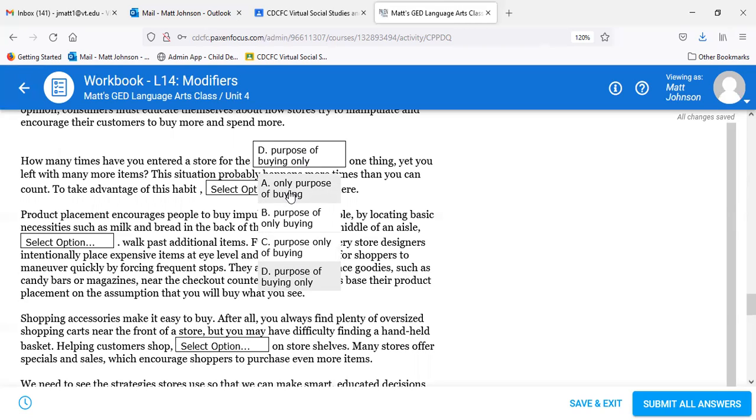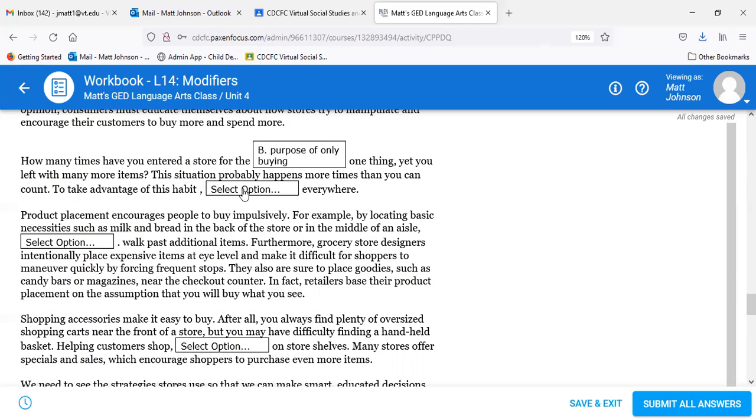That's saying your only purpose is to buy one thing. Purpose of only buying one thing is incorrect because you're buying only one thing. That's moving it in front of the verb, so it's modifying the verb instead of the object that you're buying.